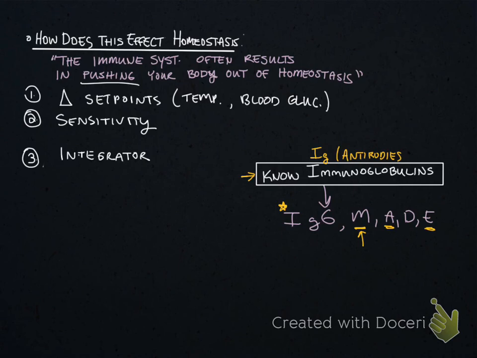IgE is associated with allergic reactions, when your body is responding to allergens or antigens in the environment, such as pollen or pet dander. IgD is found in small amounts in the blood and is actually the least understood.